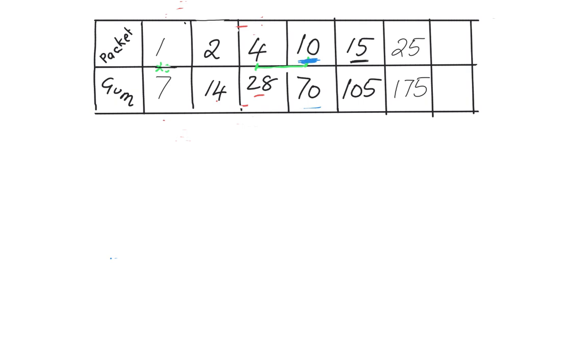They could say, what about 10 lots of 2 packets? 10 times 2 is 20, that gives us 20 packets. How many more do we need? Another 5, so 5 lots of 1 packet.